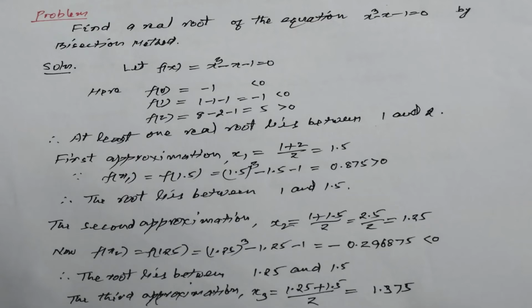First approximation will be x1 equal to (1 plus 2) by 2, that is 1.5. Since f(x1) equal to f(1.5) equal to 1.5 whole cube minus 1.5 minus 1, after simplification it becomes 0.875, which is positive.